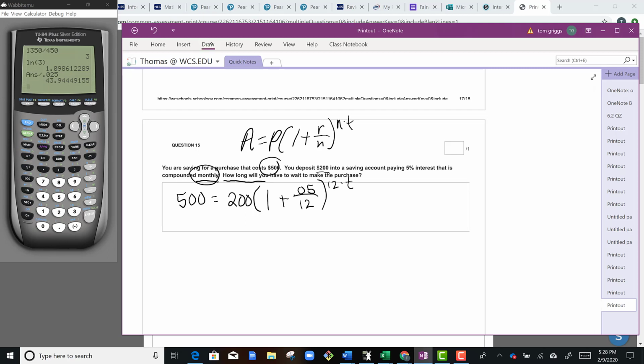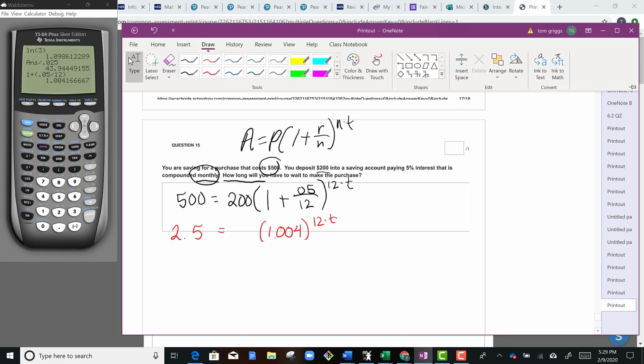I would encourage you to try to solve this one on your own first, but we divide both sides by 200. And notice, we want to keep the rounding to the absolute minimum here. Some say you may not want to round any, but this decimal 1.04166667, just round it off to 3 decimal places, but you don't want to just say that's 1, because that can affect your answer too much.